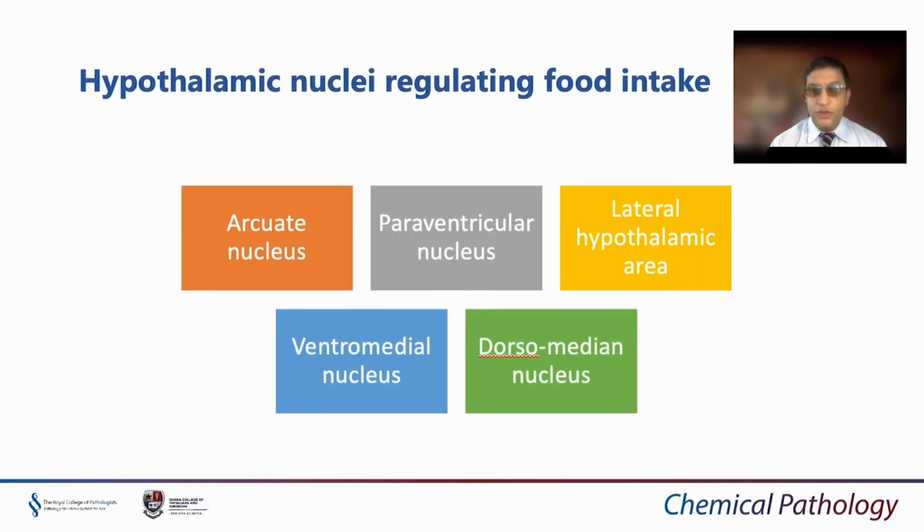There are various central hypothalamic nuclei that are involved in the regulation of food intake. These include the arcuate, paraventricular, lateral hypothalamic, ventromedian, and the dorsomedian nuclei.